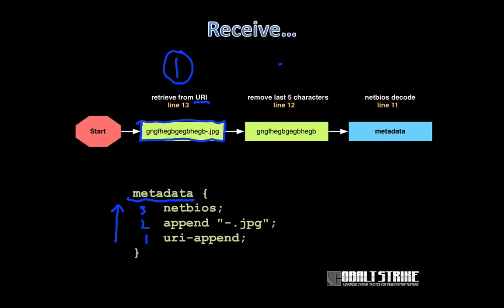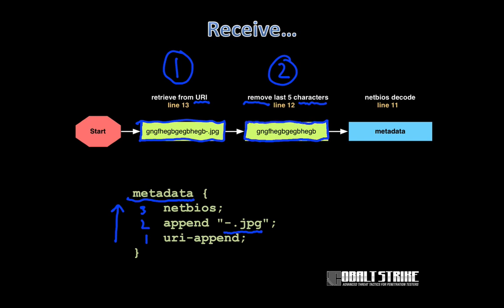Next, we go on to step 2, which is to append dash.jpg. The inverse of appending 5 characters to a string is to remove 5 characters. And that's exactly what we're doing right here. We're just removing the last 5 characters, doing the inverse of that step. And what we end up with is this string right here.